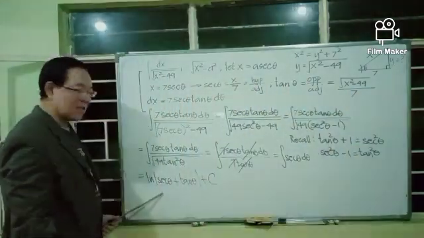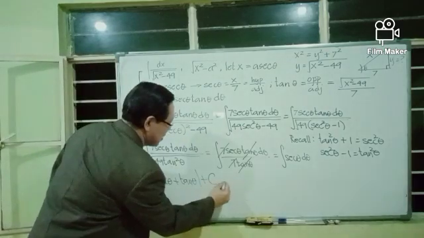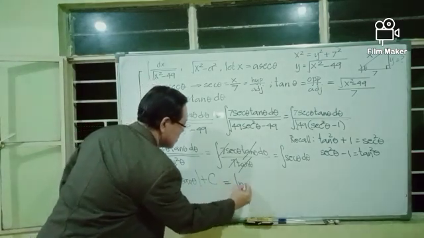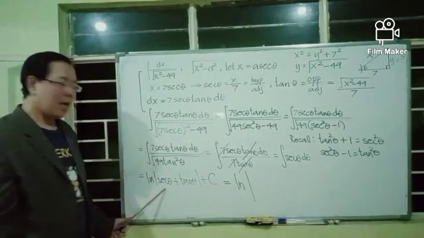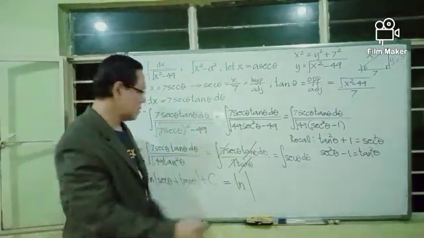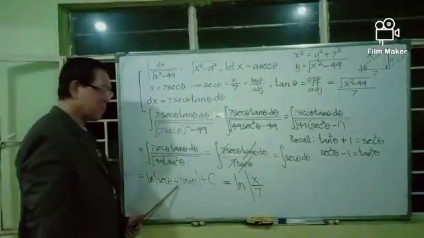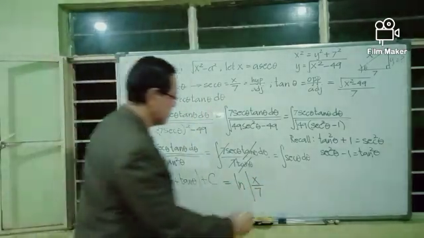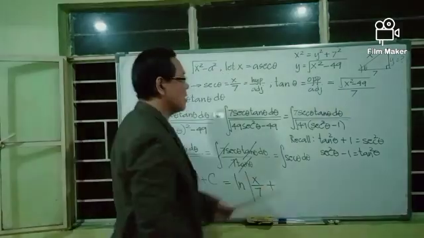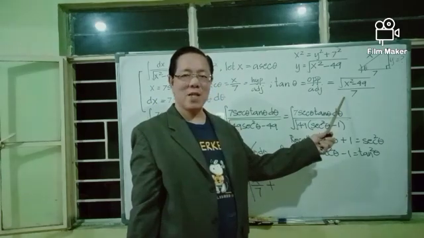We now rewrite this answer in terms of the variable x. This is now equal to ln of secant theta, which is x over 7, plus tangent theta. And tangent theta is equal to the square root of x squared minus 49 over 7.